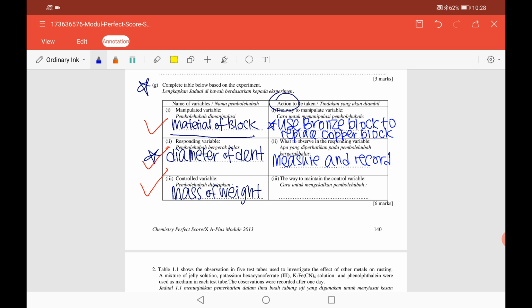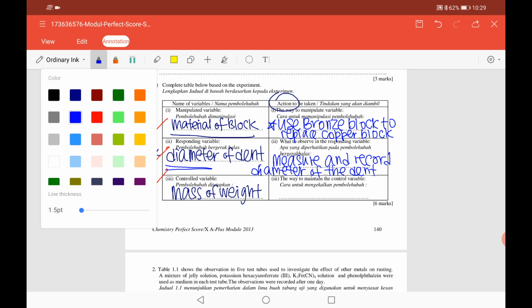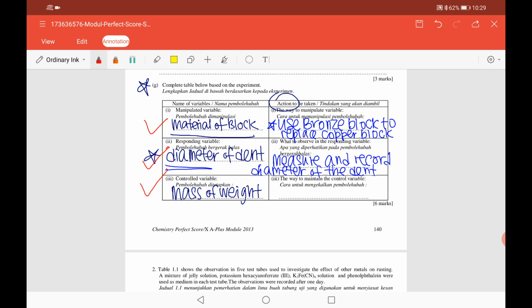For the responding variable, we are focused on the diameter of the dent. So we measure and record the diameter of the dent. And if possible, although this is not a must, for chemistry it's still okay. Although it's not a must, it's better if you know what apparatus to use, go ahead.